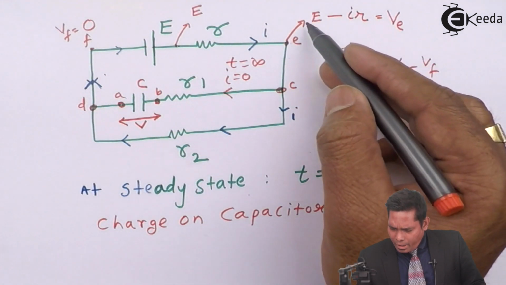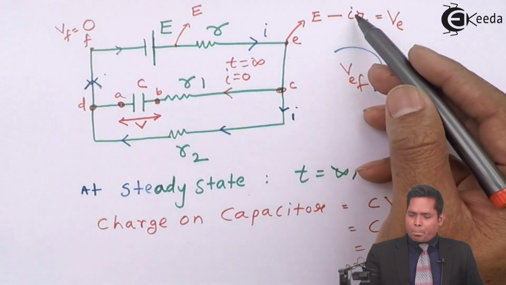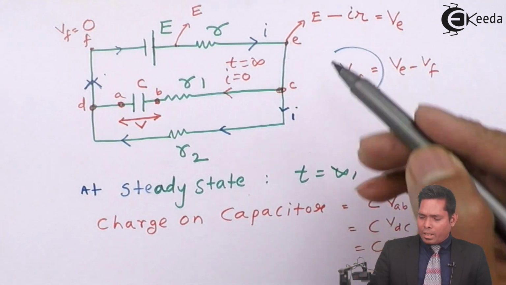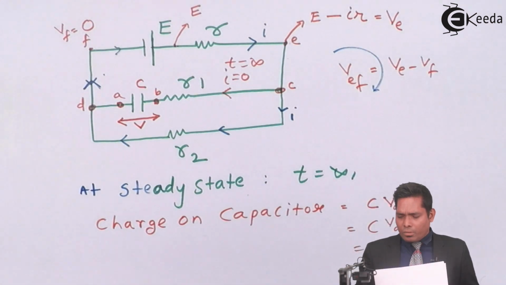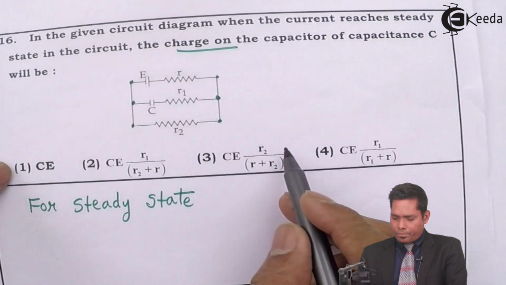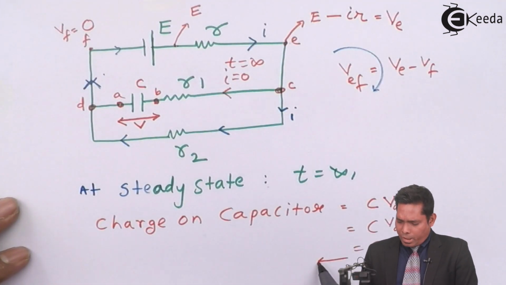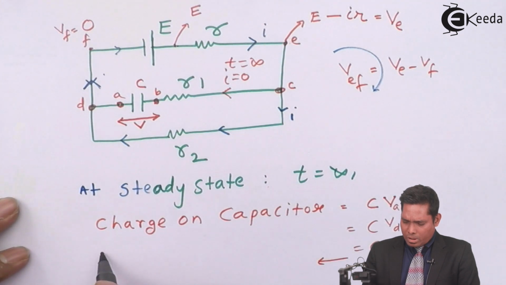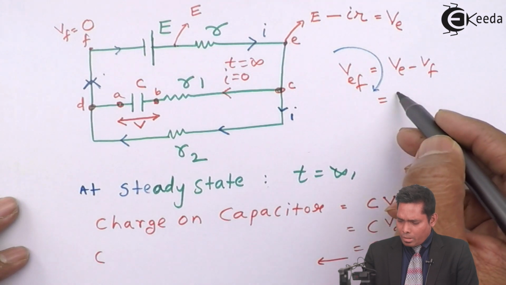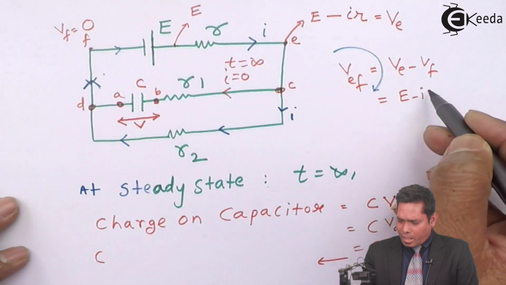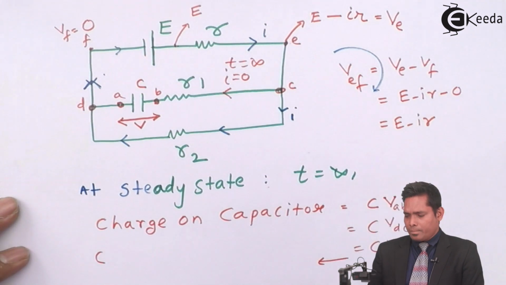Then I have to write the answer in terms of known quantities, not I; I have to replace I. E is okay, small r is okay, but this I is not okay, because the options are not in the form of I. So if I put this value here, the charge on the capacitor will be C times this potential difference, which is coming out to be V_E value, E minus IR, minus 0. This is E minus IR.